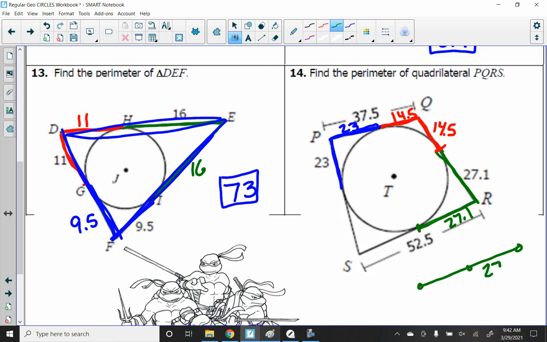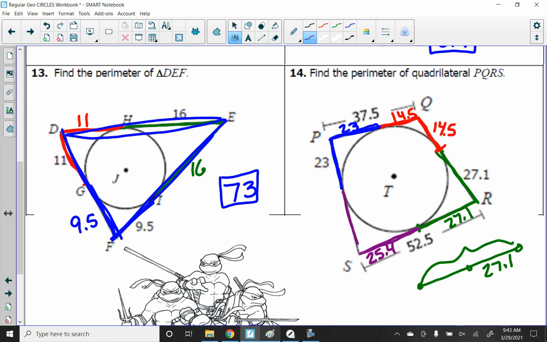If this is 27.1 and the whole thing is 52.5, it's 52.5 minus 27.1. And I'll pick a new color. This portion has to be 25.4 because that is 52.5 minus 27.1.